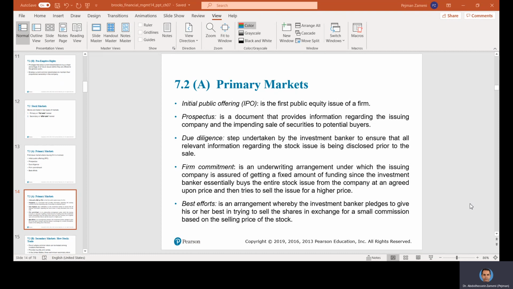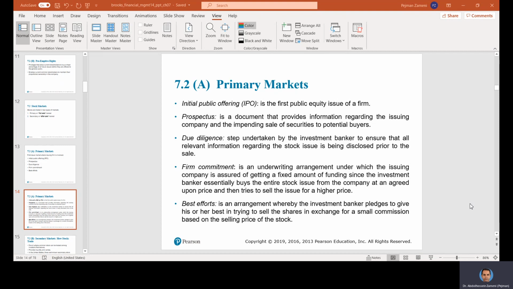Firm commitment is an underwriting arrangement under which the issuing company is assured of getting a fixed amount of funding, since the investment banker essentially buys the entire stock issue from the company at an agreed upon price and then tries to sell the issue for a higher price. It means that the investment bank buys all the shares from the company at a lower price and later sells them to the shareholders at a higher price.